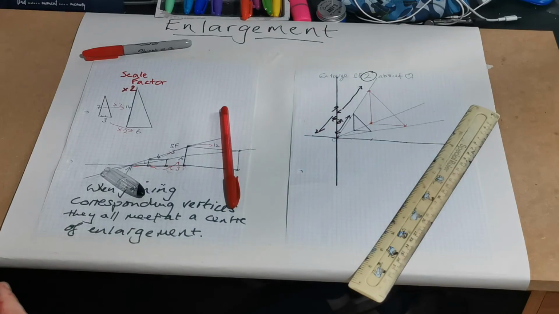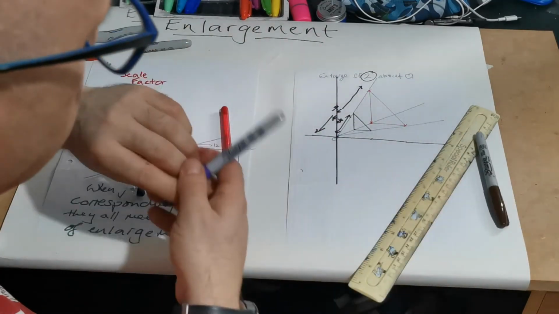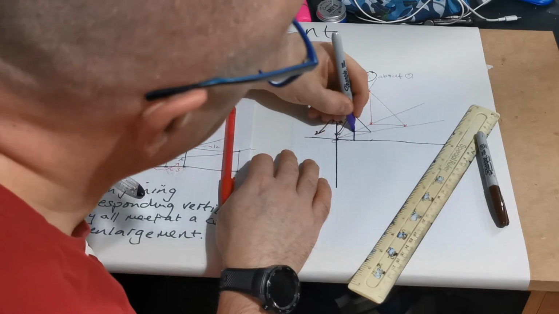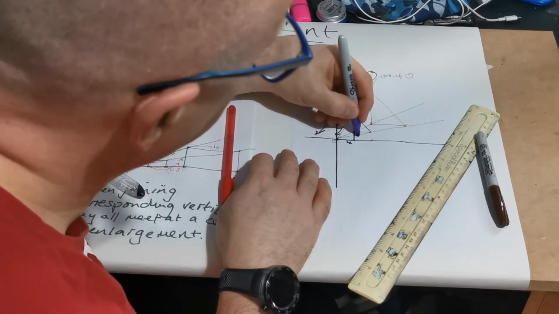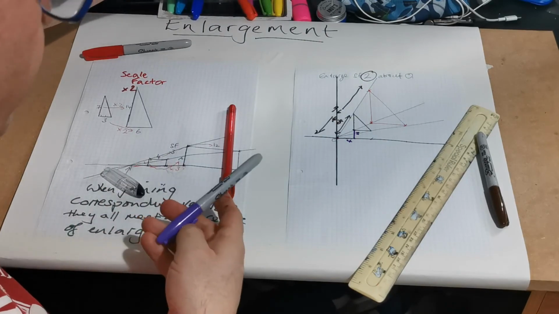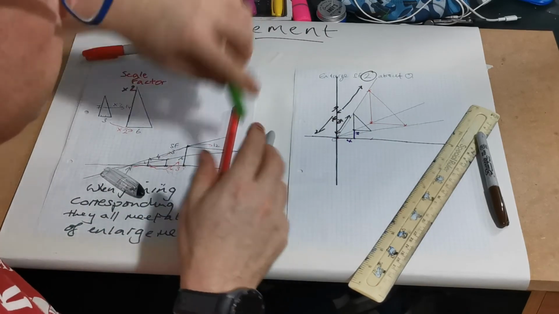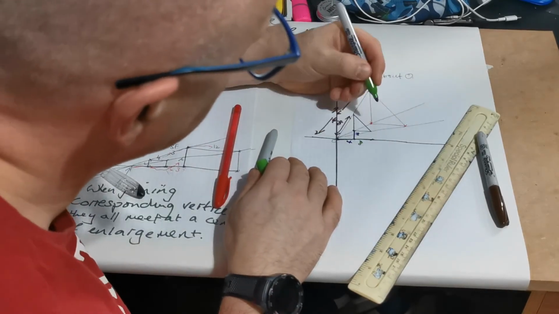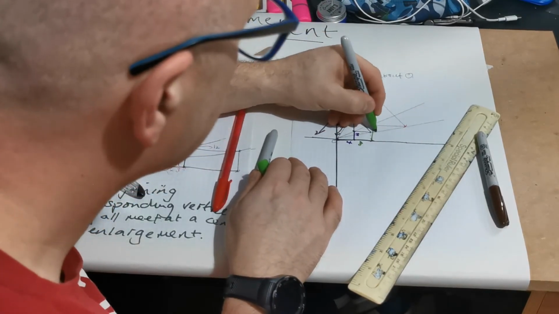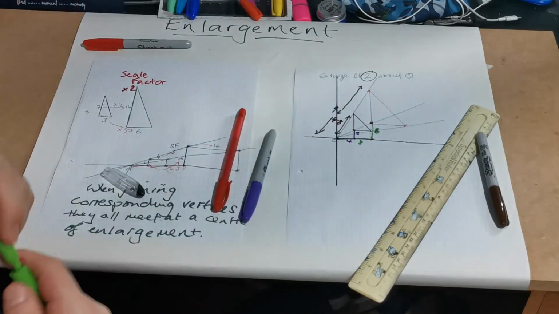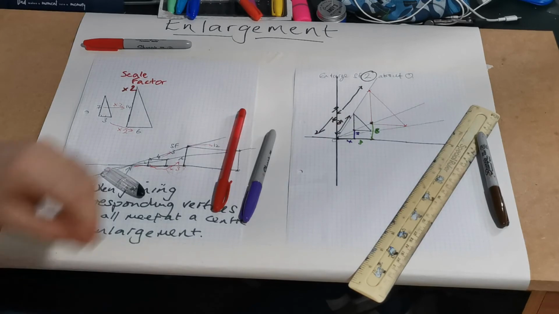So that's generally how you do it. I like to have my little cheat method by saying, if I count the squares 4 and then 3, because it's a scale factor of 2, I'm going to double that distance and go 8 and then 6, and that'll give me to where my point is. So 2 different ways to do it.